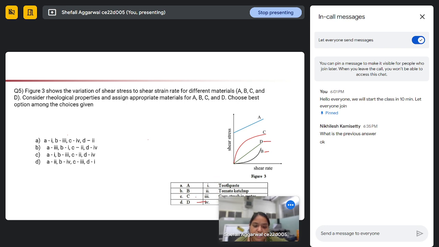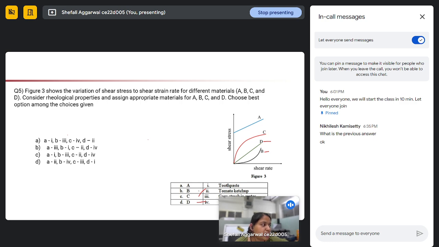Normally, which will be the thicker material? Tomato ketchup. Tomato ketchup will have a shear thickening type of consistency. No, sorry, this is shear thinning. Tomato ketchup will be a shear thinning kind of material.